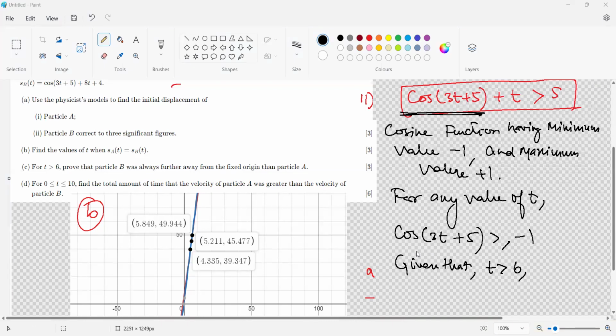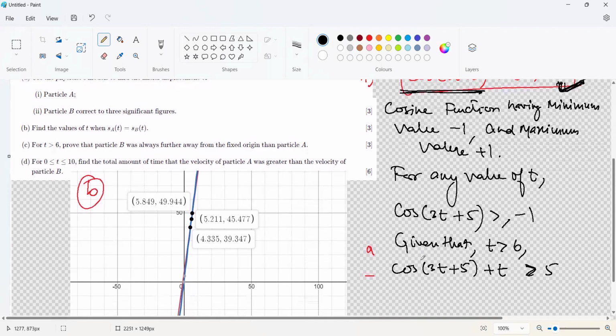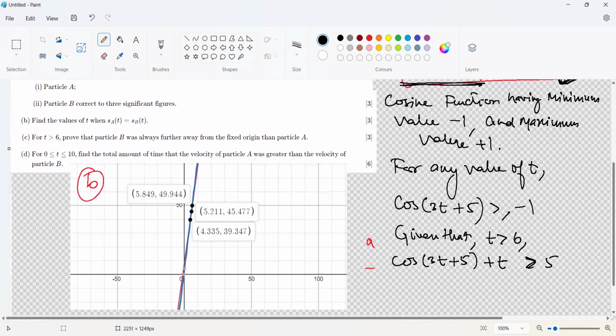So for t greater than 6, the sum, you can see here, cos 3t plus 5 plus t should be always greater than 5. You can see here the inequality: for t greater than 6, cos 3t plus 5 plus t is always greater than 5.